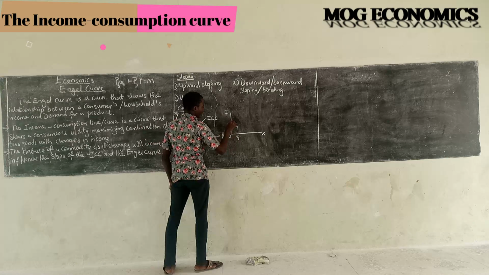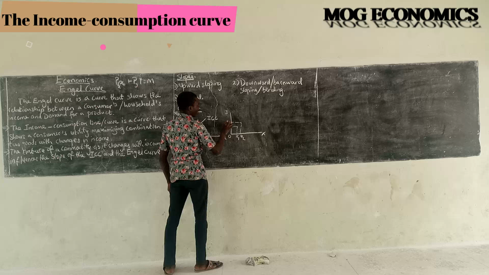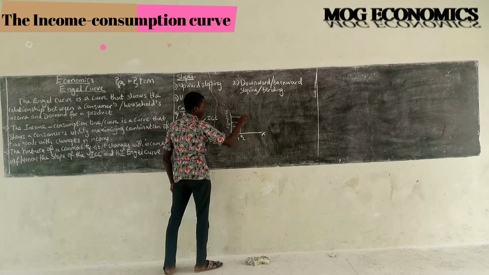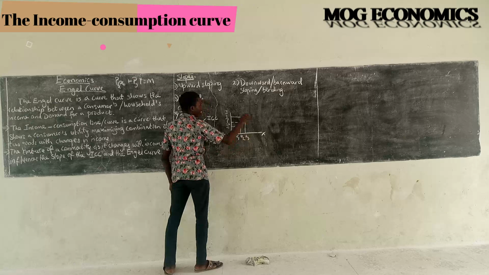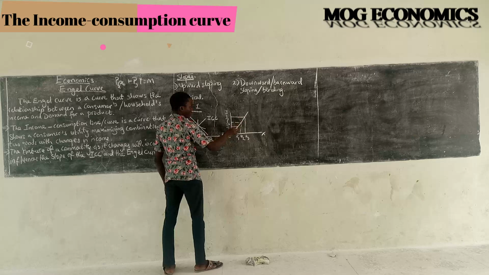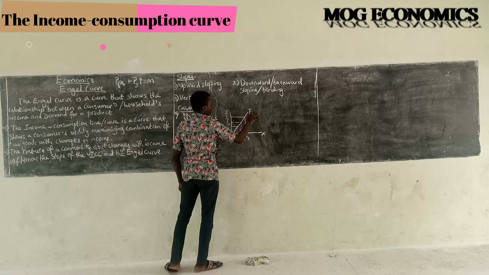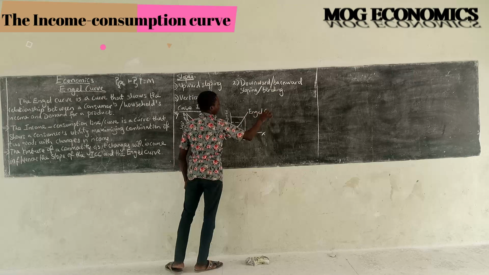When the income of the consumer increased, he consumed x2. When the income increased the third time, he consumed x3. The line that we draw here is the Engel curve.